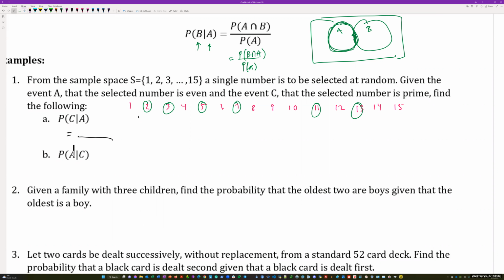6 out of 15 would be the answer if we're talking about primes out of the total. But that's not what they're saying. They're saying, what's the chances that it's going to be prime, given the fact that it was even? One out of 6? No, close, but no. How do you get 6?